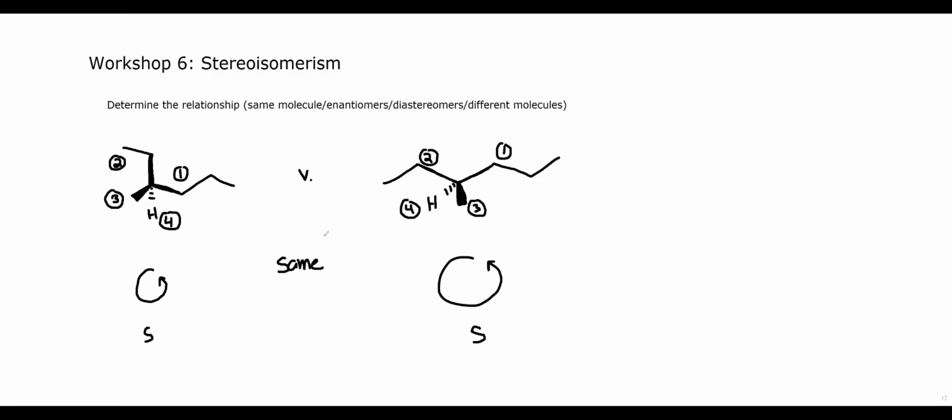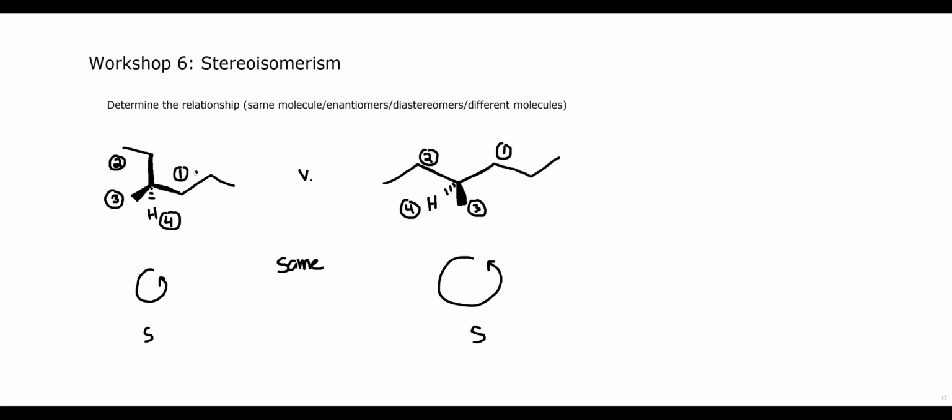Just look at how they're drawn and try to rotate those bonds and move the molecule around in 3 dimensions to line up the 2 molecules and see if they are, in fact, exactly the same. But if you're not comfortable doing that, a good, reliable way is to do what we just did here. Put priorities on your groups and figure out what that stereocenter is, whether it's R or S, and then compare it to the other one.